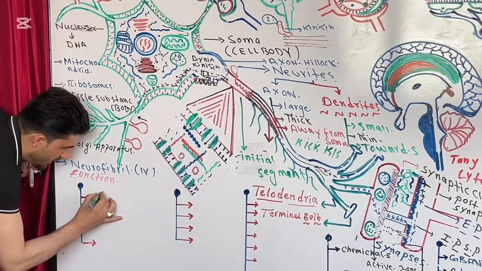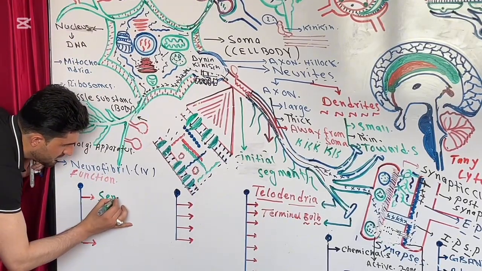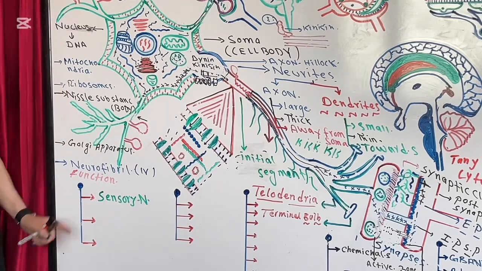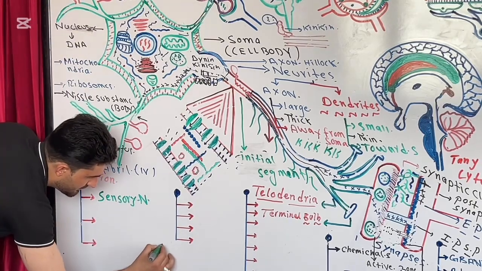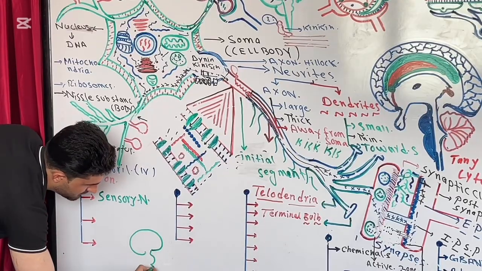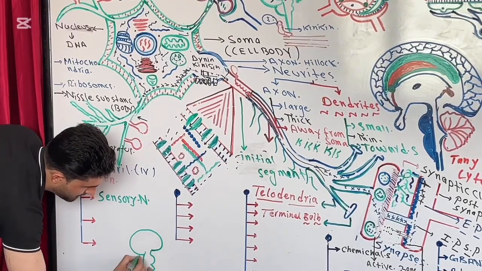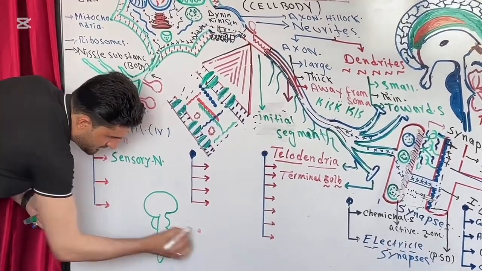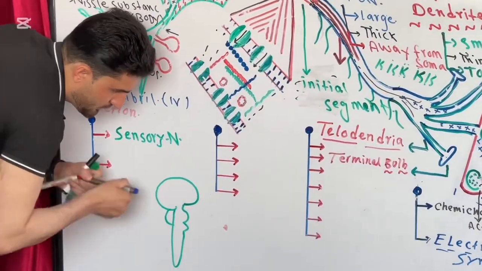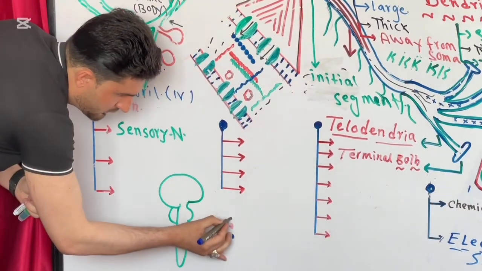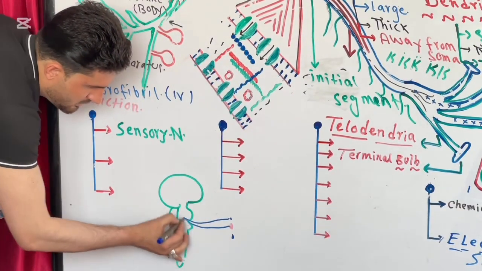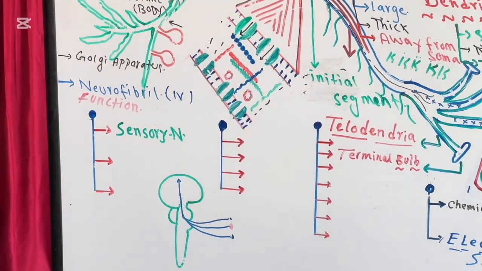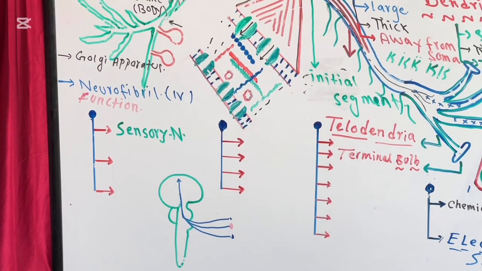The first one is sensory neurons. For example, this is our brain. Sensory neurons bring information from all over the body to the central nervous system.